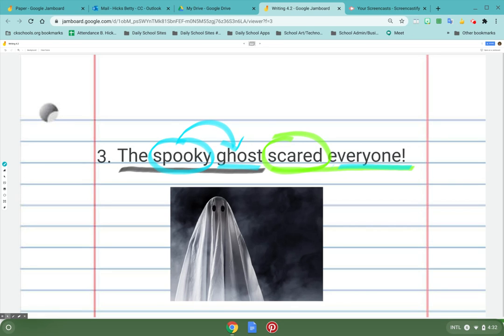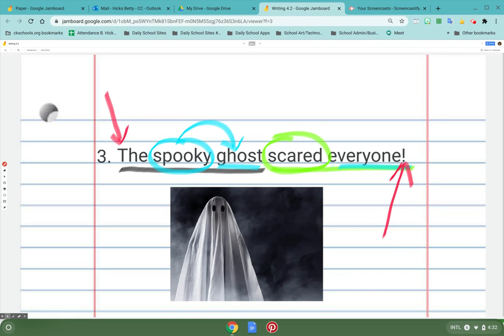All right. Now what I'm going to do is I'm going to look for my capital letter. I'm going to look for my punctuation mark, which is not a period. So when I read this sentence, I have to read it with a lot of emphasis, a lot of excitement. So I go, the spooky ghost scared everyone!